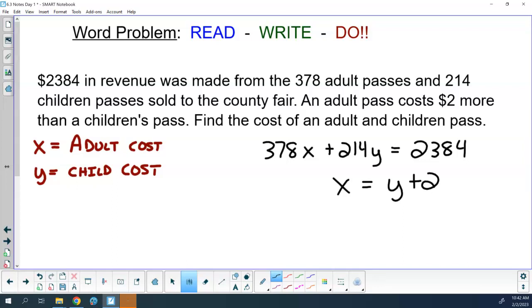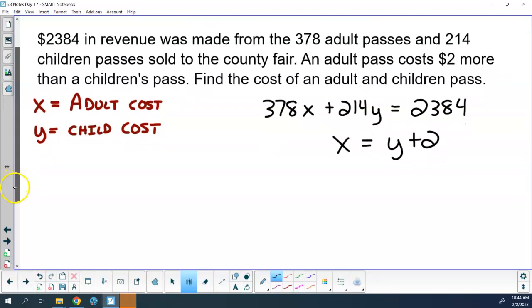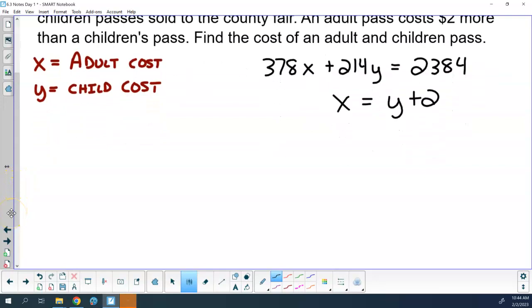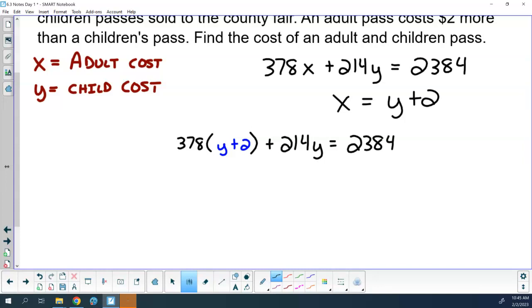So we've read it, now we've written it. Okay? Do it. You do it. $7.56.